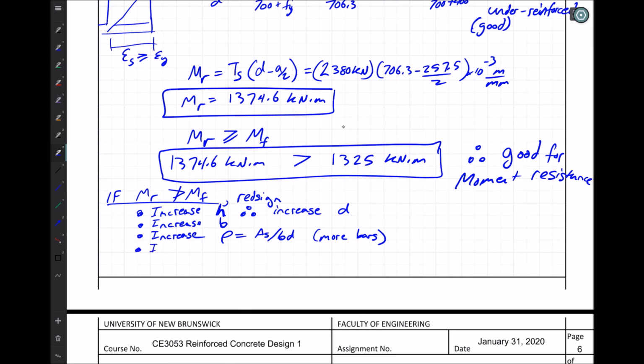And of course, if there's nothing stopping us, we can increase f'c. So what we would typically do, though, is we would do one of these two. These are the most common options. Normally we wouldn't have much leeway on f'c, and we note that increasing d is far more effective than increasing b.